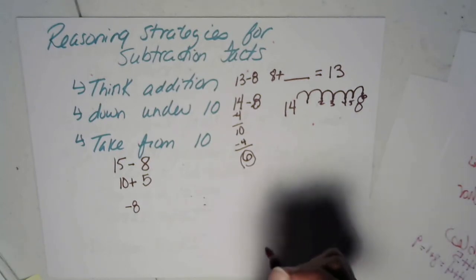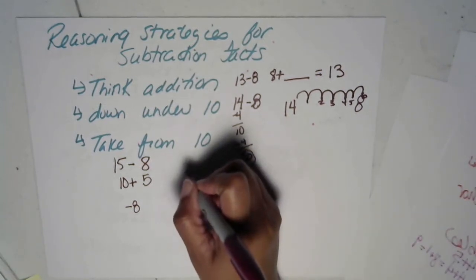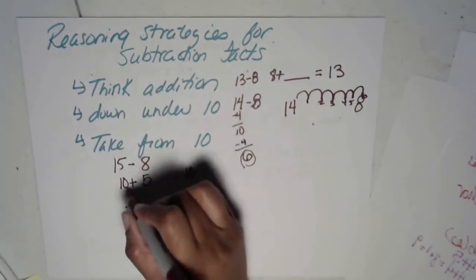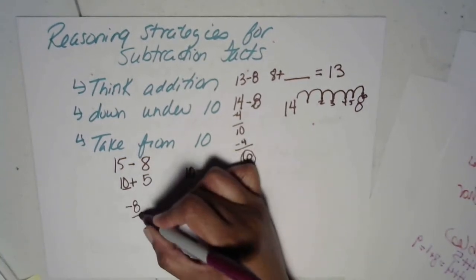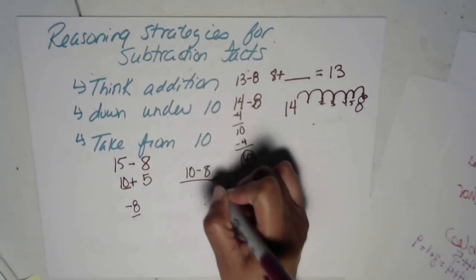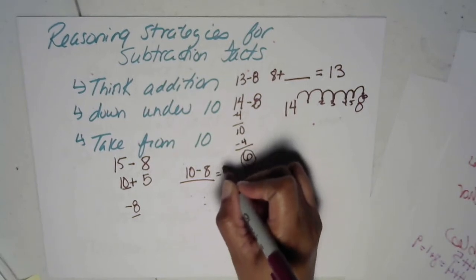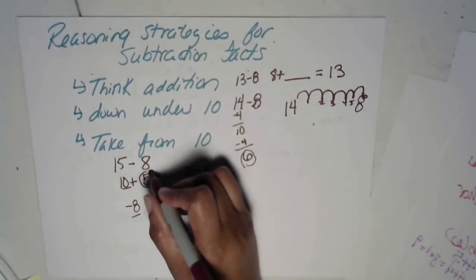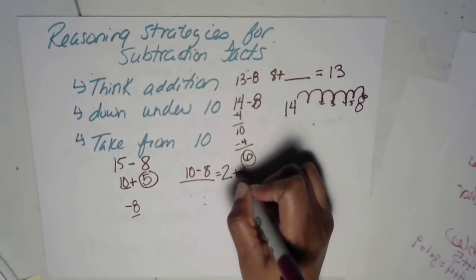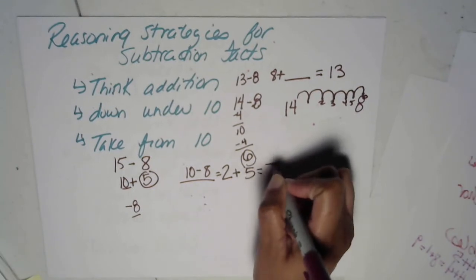Then you take from 10. You've got this 10, and you take this 8 from it, and that gives you 2. You still have this 5 that you need to add back to the 2, which gives you 7.